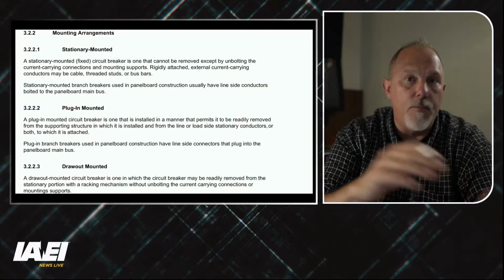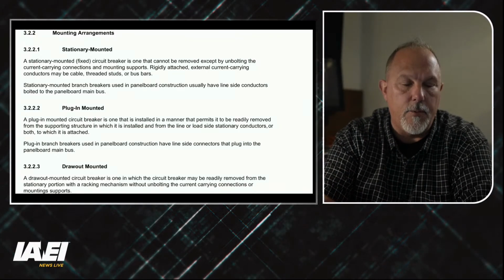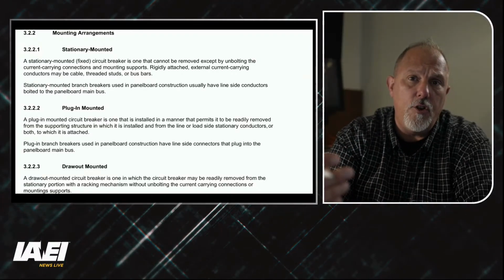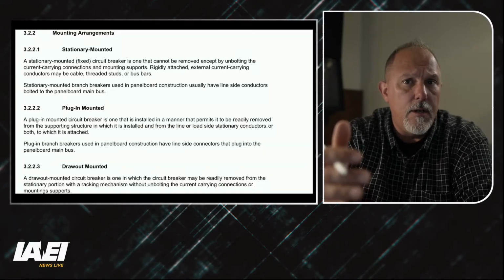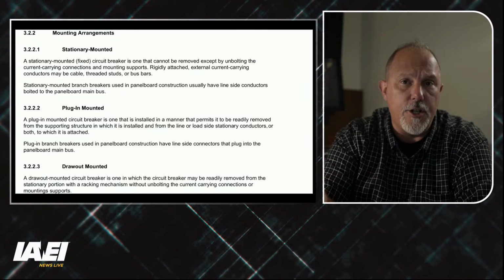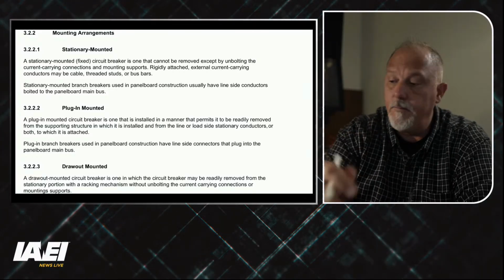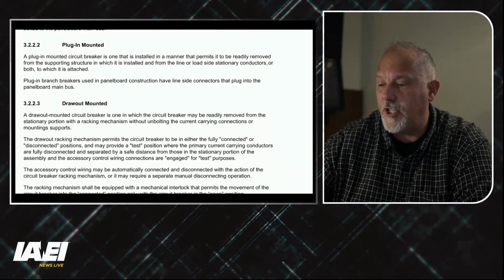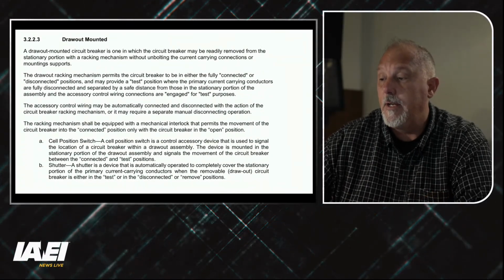If you have an existing panel board, go to the manufacturer of the panel board. If you have an industrial control panel, you might have cable in, cable out, or a bolt-on, etc. All right? So you have the plug-in, you have the stationary, you have the draw-out.